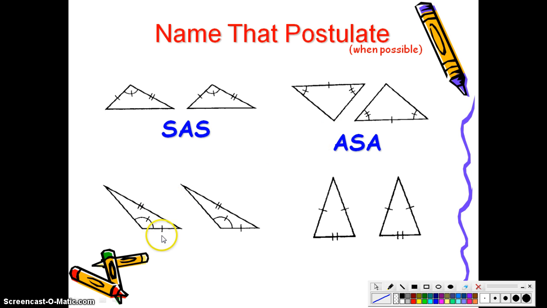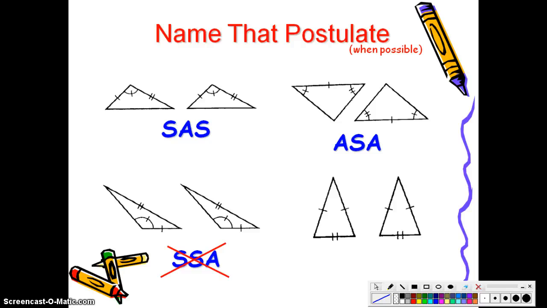My third one, let's see, I have sides marked, I have angles marked, and I have sides marked. But I don't have them in side, side, side, or side, angle, side. So this is really the side, side, angle, which is not a congruence property. So even though they're marked and it looks like we've got 3 corresponding sides marked congruently, it does not guarantee that they're congruent.